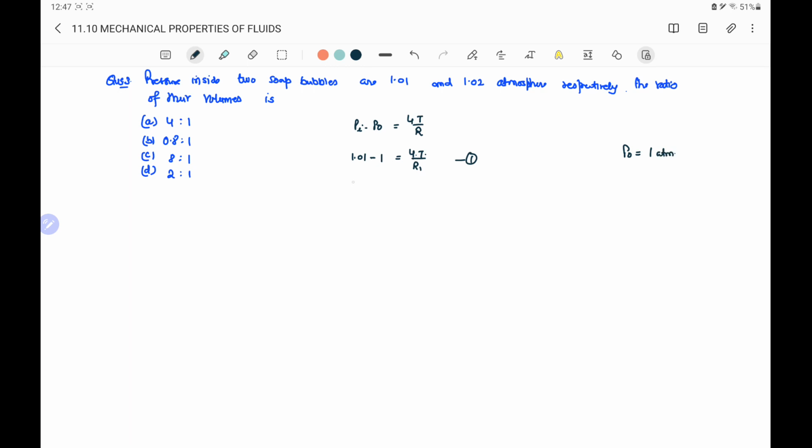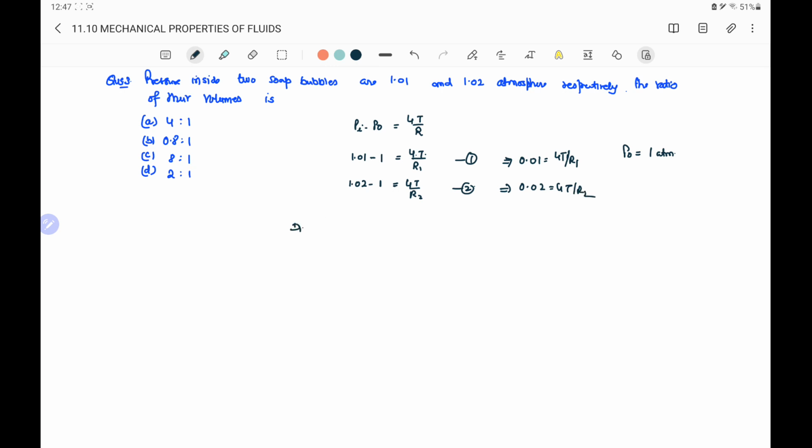Similarly, in second case, the inner pressure is 1.02 minus outer pressure, which is the atmospheric pressure 1, and this is equal to 4 T by R2. This is the equation number 2. So on simplifying, from equation number 1, we have 0.01 equal to 4T by R1, and from equation 2 we have 0.02 equal to 4T by R2.